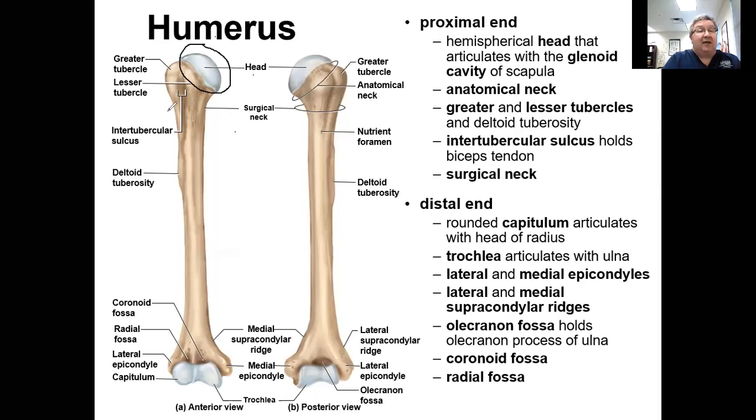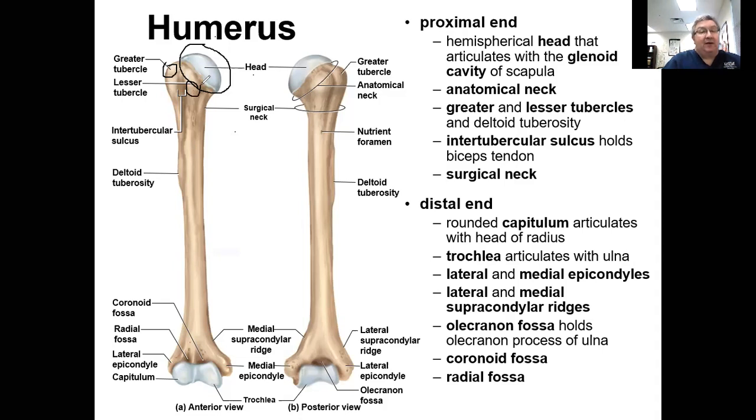On both sides of the humerus, there is a greater and lesser tubercle. These tubercles you need to know because it's at the greater tubercle that 3 of the rotator cuff muscles have an insertion.